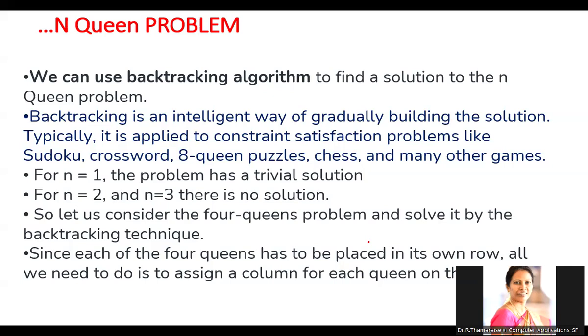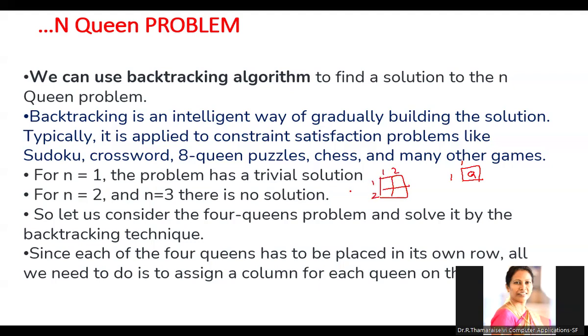Consider n equal to 1. The problem has a trivial solution. There is 1 row, 1 column, 1 queen, so we can place the queen here. It is trivial. For n equal to 2, what is the solution? There are 2 rows and 2 columns, with the first row, second row, first column, second column.